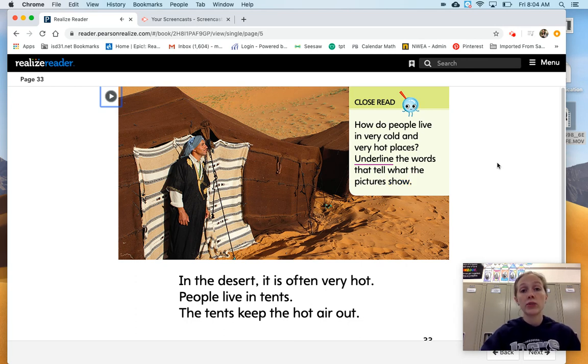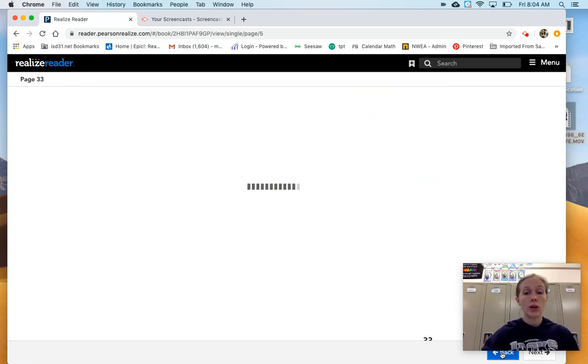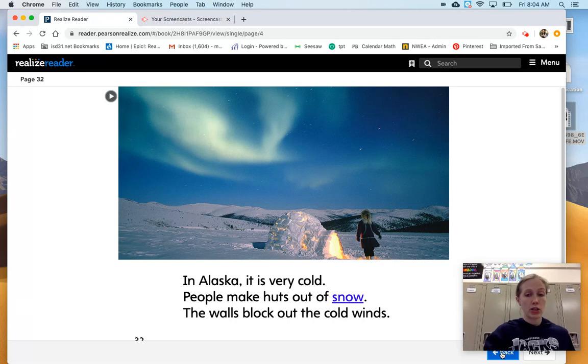So for this close read, we are looking closely at the pictures to answer the question. And there are two parts to this question. The question is asking, how do people live in the very cold? So I am going to turn back to page 32, and I have to look to see, how do people live in the very cold? I see that there's snow here.